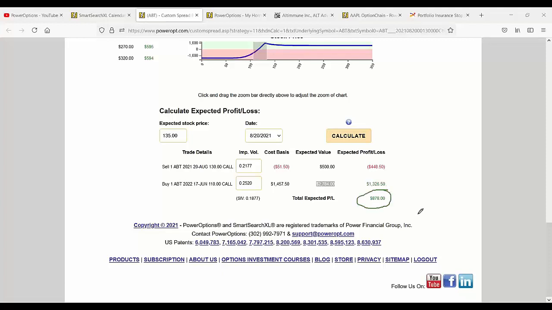Now, if the stock was trading at 135 on August expiration, and I didn't roll my August call beforehand that went in the money, I left it alone, what's a likely outcome that hopefully my broker would take?